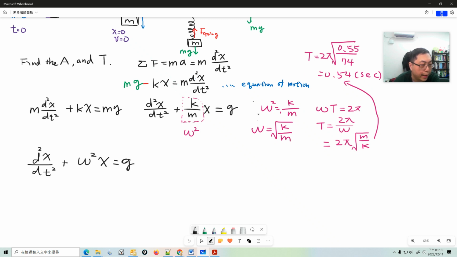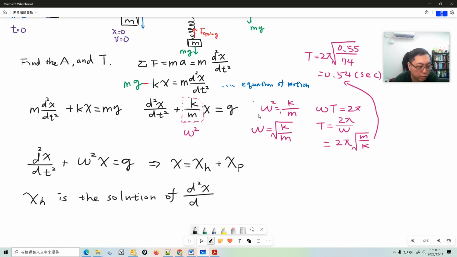Actually we can still solve this ODE, and the solution of this second order ordinary differential equation has two parts. One is the homogeneous solution, the other is the particular solution. xh is the solution of the same differential equation, but without the external acceleration.